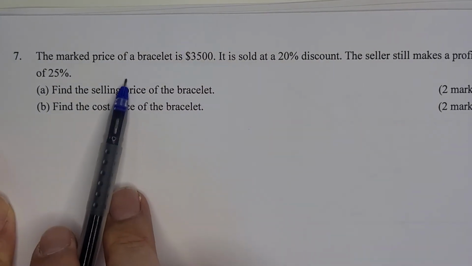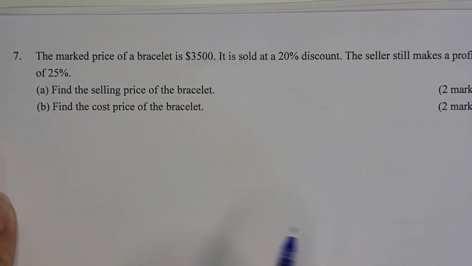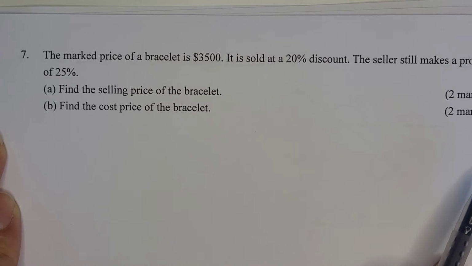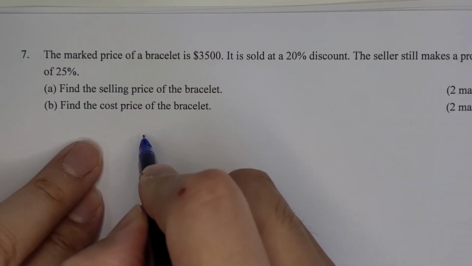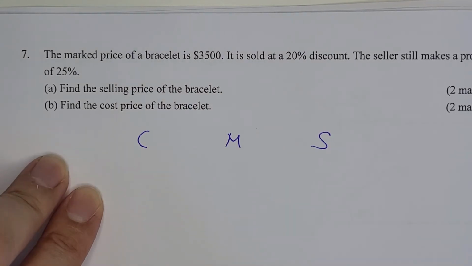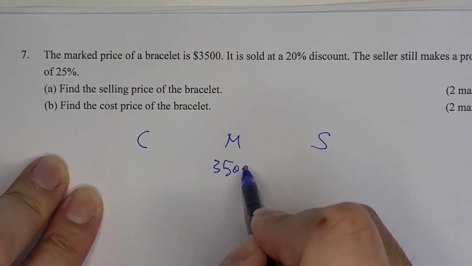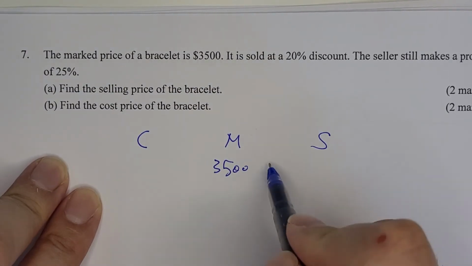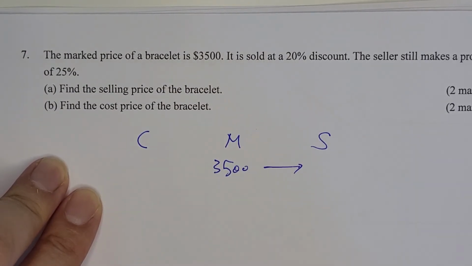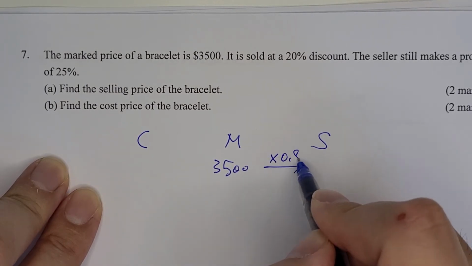When you look at a question about profit and loss, you need to consider something like the CMS model: cost price, mark price, and selling price. Now the mark price is 3,500 and the discount is 20%. That means in Chinese 8折, we multiply by 0.8.